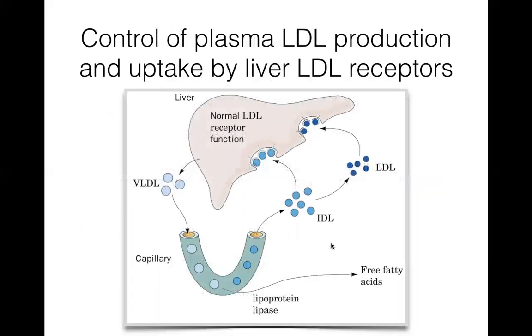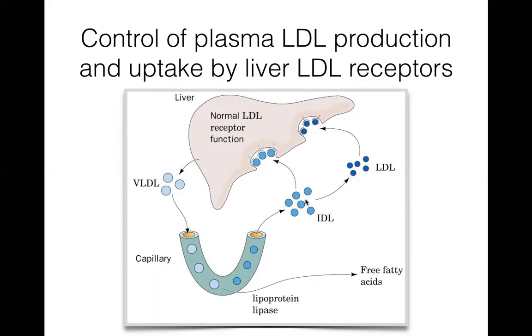So how is the plasma LDL production and uptake by the liver controlled? Let's discuss first the normal pathway that we have already discussed earlier. So those excess carbohydrates, proteins, and lipids are packaged in the liver in the form of VLDL, exported out, delivers the free fatty acids to the target tissue.